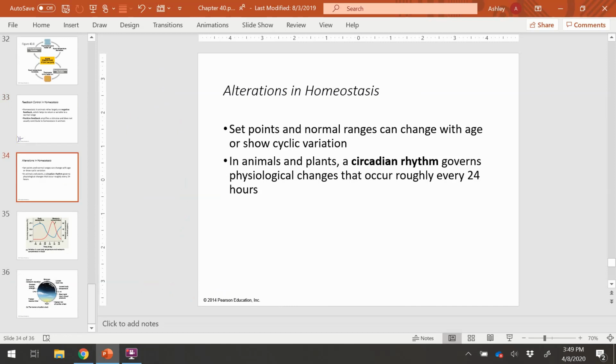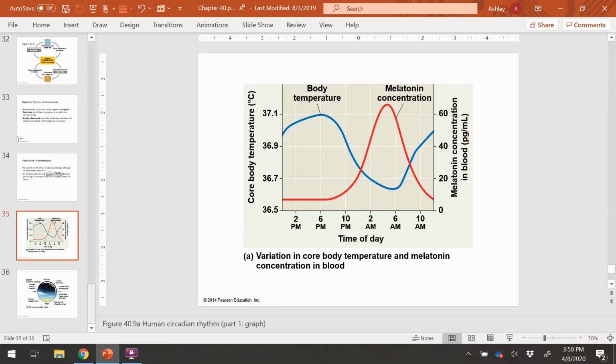Looking at homeostasis in terms of cycle variation, in both animals and plants there's a rhythm of changes that occurs every 24 hours. This is called circadian rhythm. In the human example here, our body temperature and melatonin concentration fluctuate based on the time of day.